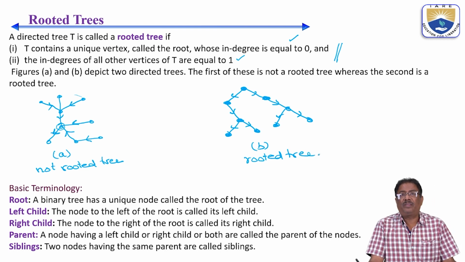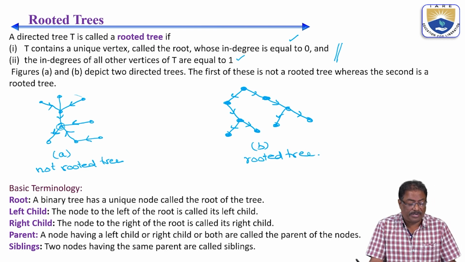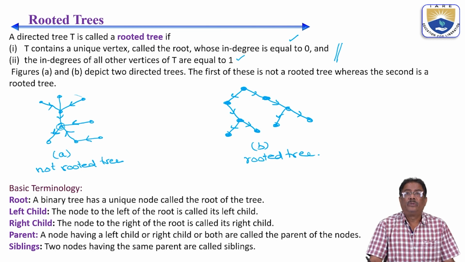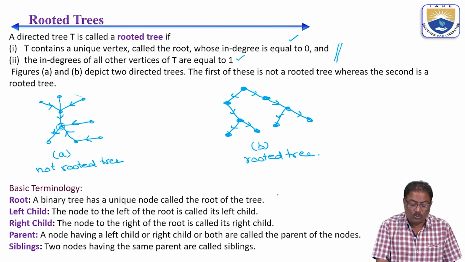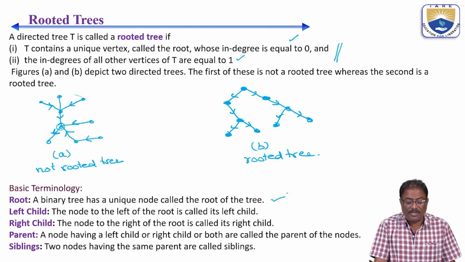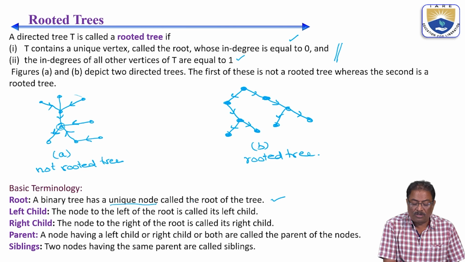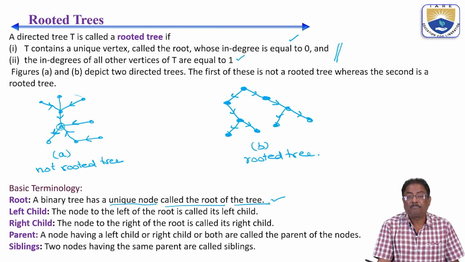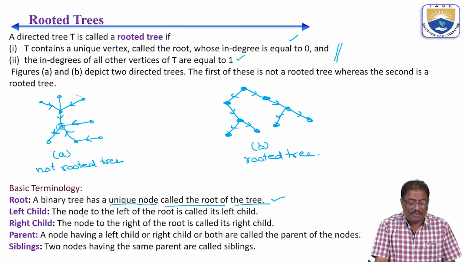Now, whenever you consider a rooted tree, we follow some basic terminology. What is a root? A binary tree has a unique node called the root node of the tree. Next, what is a left child?